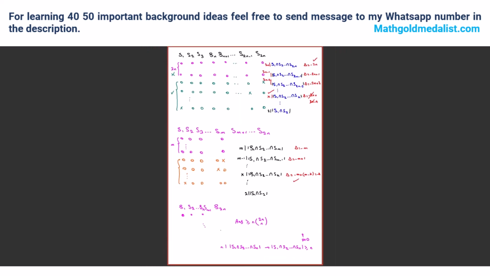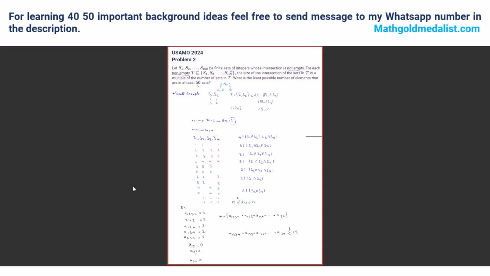In the assumption of the problem, it says what is not 0? Intersection. Intersection of? No. Intersection of all of them is not a null set, okay?